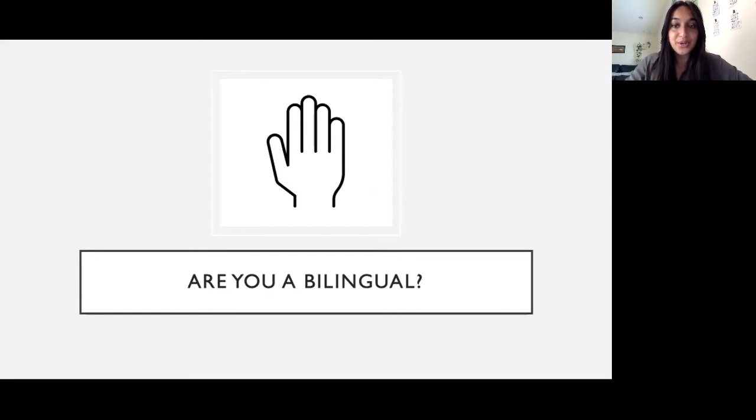So, did you know that in the US, over 67 million individuals speak more than one language? And this number continues to rise. In recent years, a substantial amount of research has been conducted to understand how bilingual language processing differs from monolinguals in several different contexts.